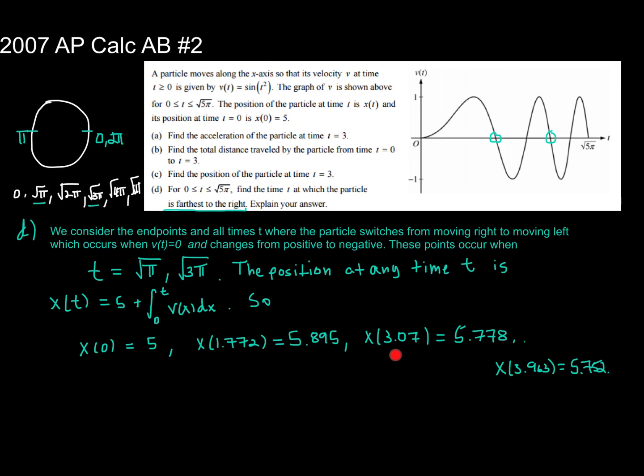At the square root of 3 pi, which is 3.07, I get a position of 5.778. And then again, at square root of 5 pi, here I get 5.752. And so clearly I can identify that the absolute maximum value of my position, or when my position is furthest to the right, is at t equals 1.772. So that would be my conclusion.